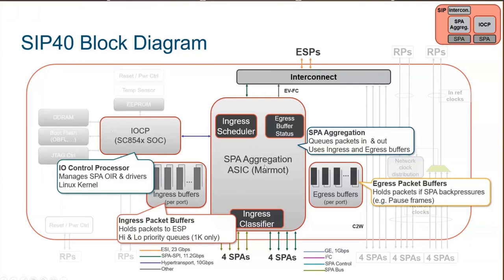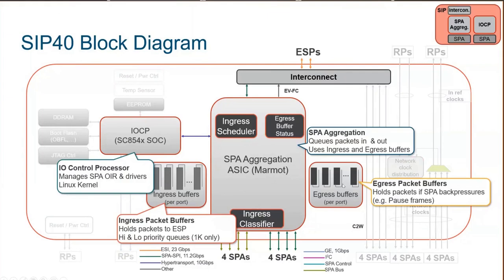This ASIC queues the packets in and out both, and it has its own ingress and egress buffers, and these buffers are per port. The SPAs connect over here, and whenever packets are received, that is ingress packets, they are classified.